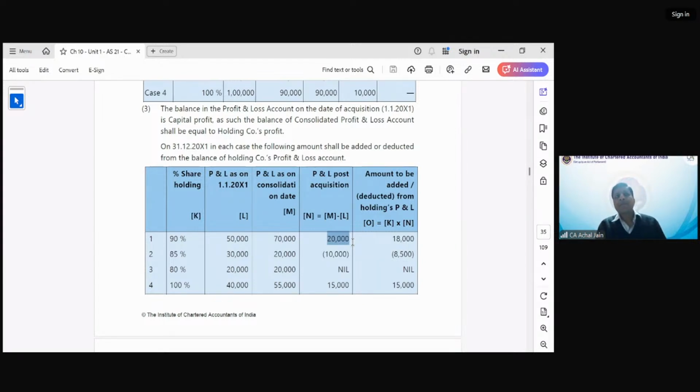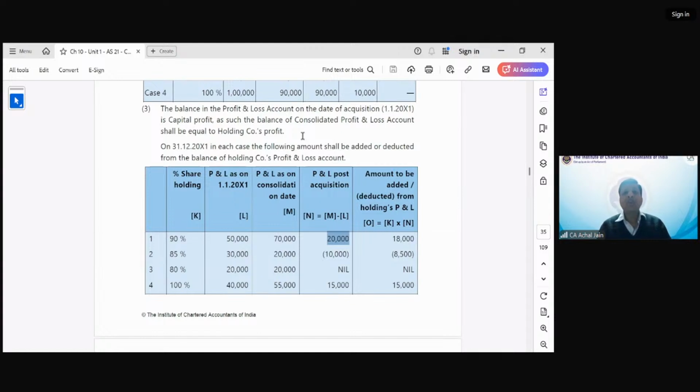Now, holding will get its share of this reserve. Why? Because one part of this profit has been picked up by whom? Minority interest. Yes or no? So when you have computed the minority interest at the year end, 10% has been taken up by minority.